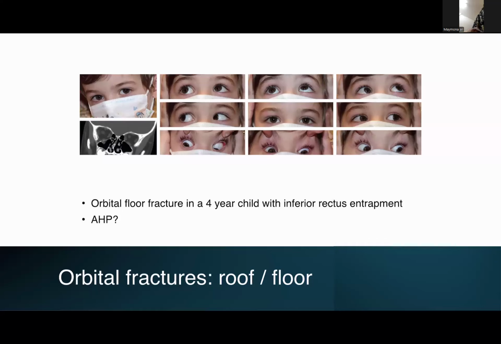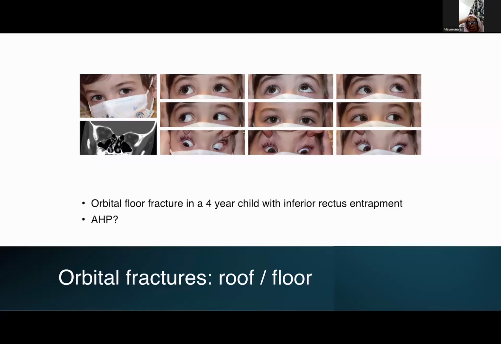In a young child, this might be life-threatening. So, by no means should maxillofacial people manage this fracture alone, because this is not a floor fracture where you need to place a mesh, for example.